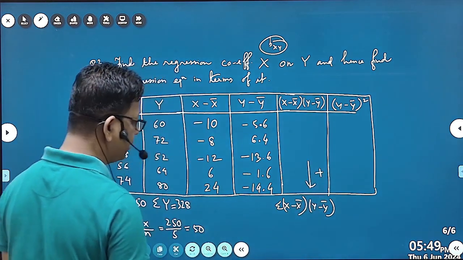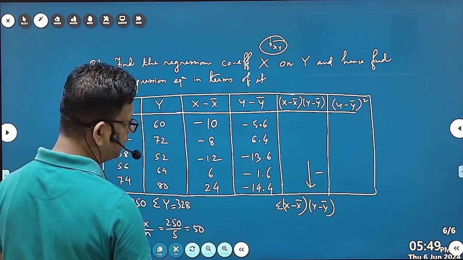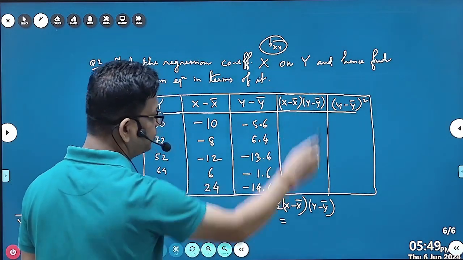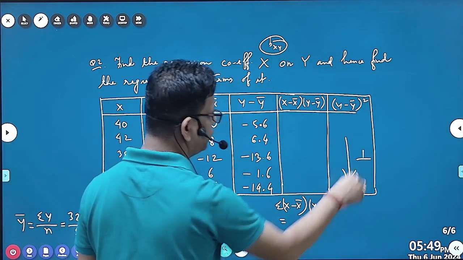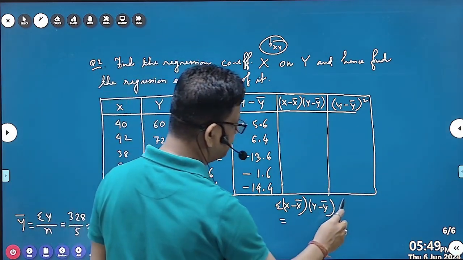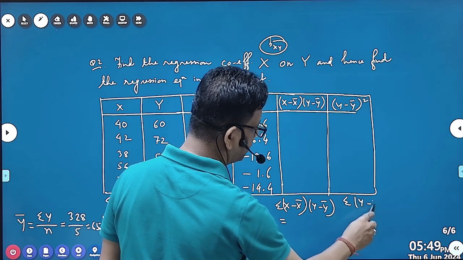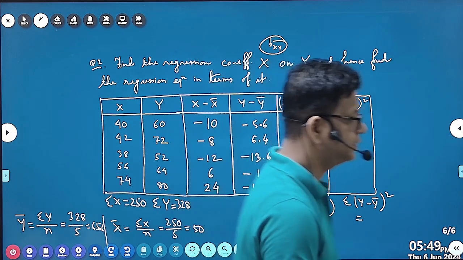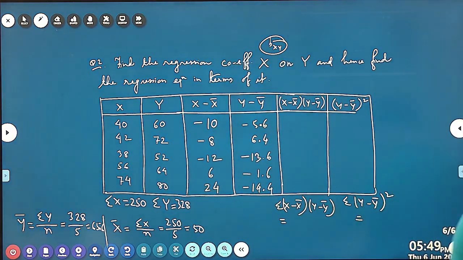All these numbers you have to add. We also need the summation of y minus y bar whole square. These two. Get the values and try to put them now.